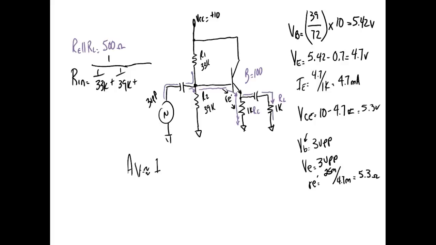You understand? So this is going to be 1 over, this guy here is not bypassed, so we're going to say 1 over RE, I'm sorry, R out, so this is 500 ohms, times beta, and what are we using?